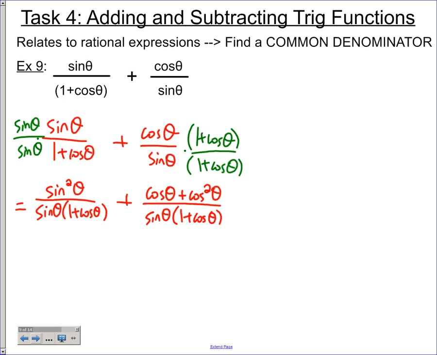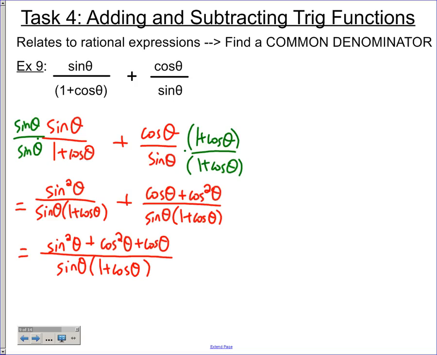Now we've got a common denominator, which gives us sine squared theta plus cosine squared theta plus cosine of theta. So I flipped the terms in the right fraction so that you can see why we have sine squared plus cosine squared, and we're going to use the Pythagorean identity in our next step to simplify.